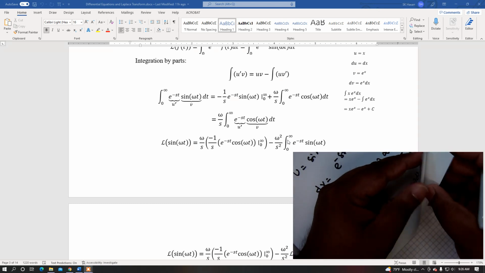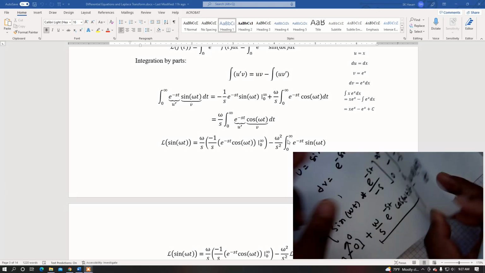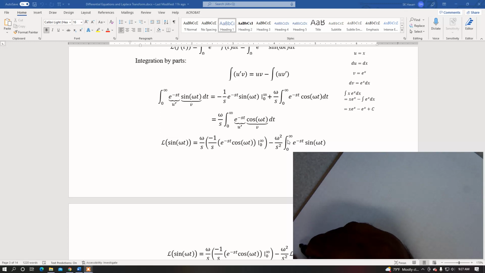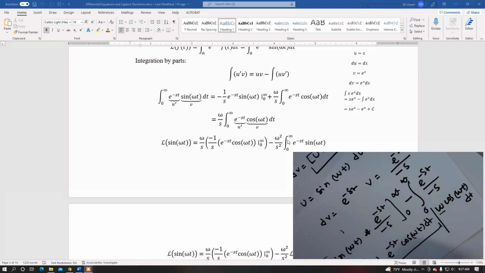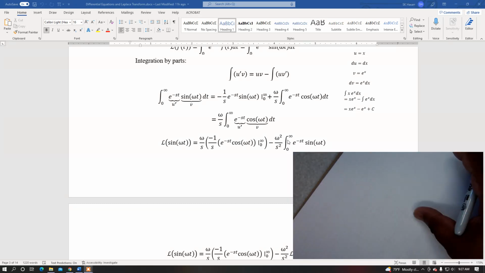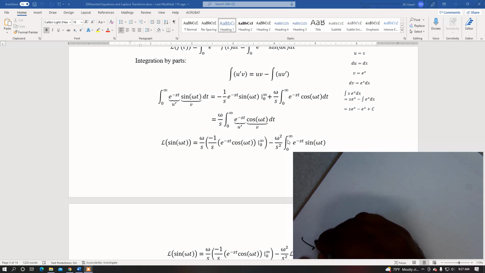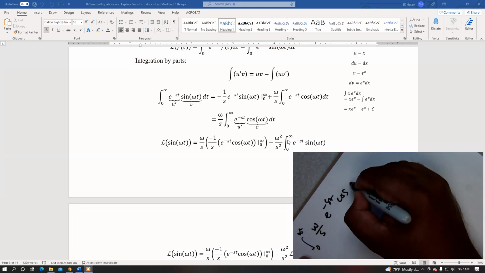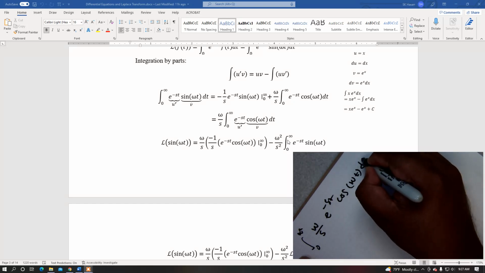So we need to do the calculation one more time. Here we start from the integral from 0 to infinity, omega over s, e to the power minus st cos omega t dt.